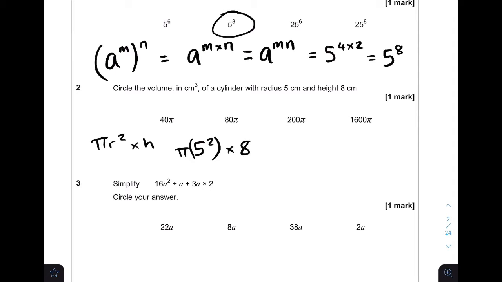So 5 times 5 is 25, 25 times 8, and then pi, which is 200 pi. Because 25 times 8 is 200. So the answer here is 200 pi.